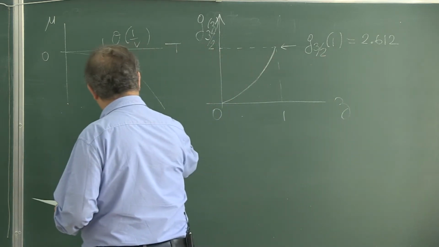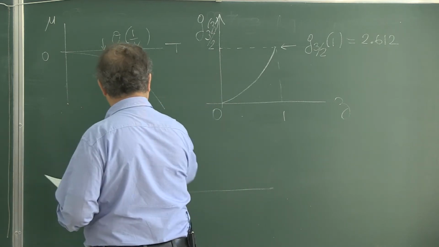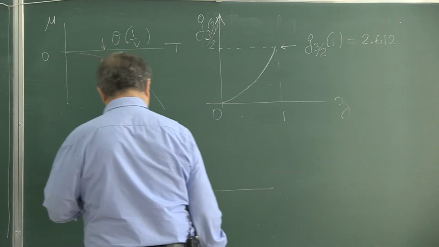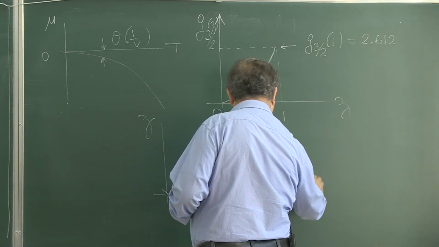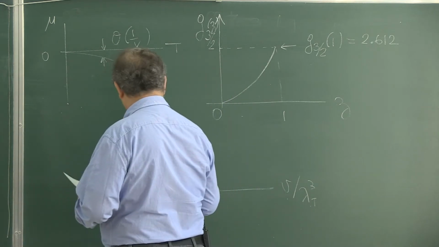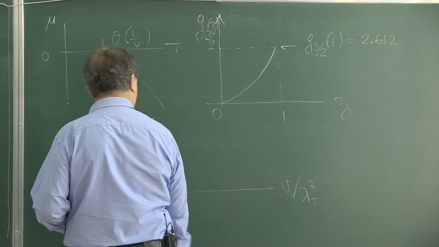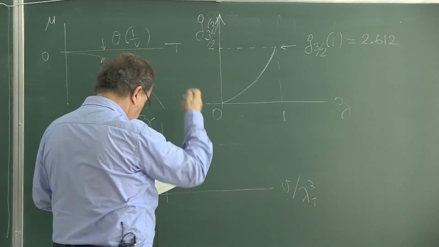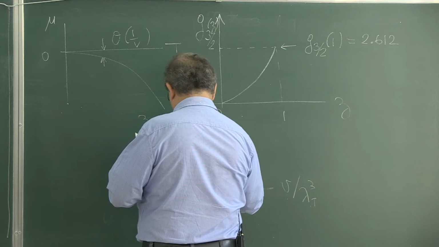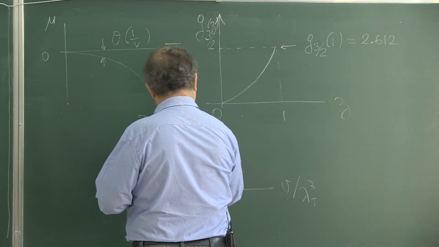z itself has this form. Here is z as a function of v over lambda T cube. It starts from low values, and it goes to 1.